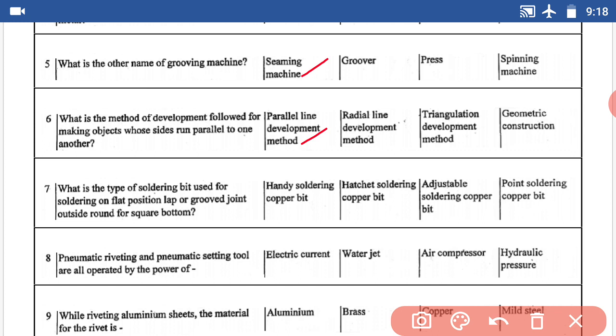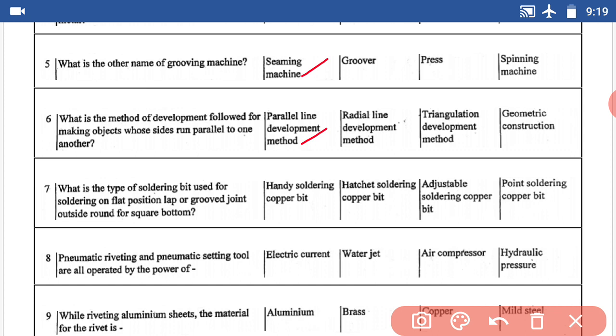Question number 7. What is the type of soldering bit used for soldering on a flat position lap or screwed joint, outside round or square bottom?